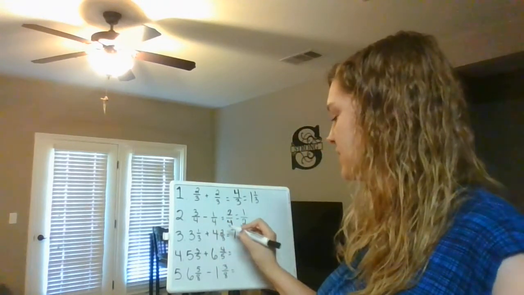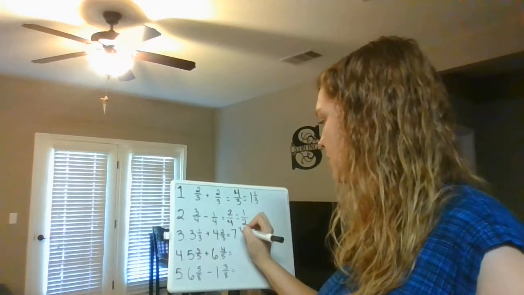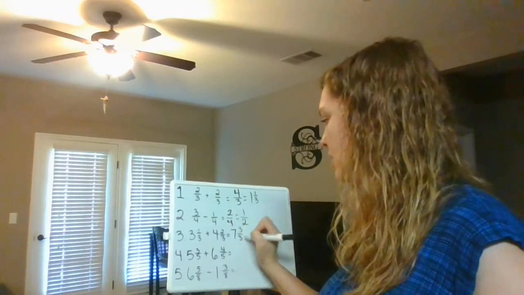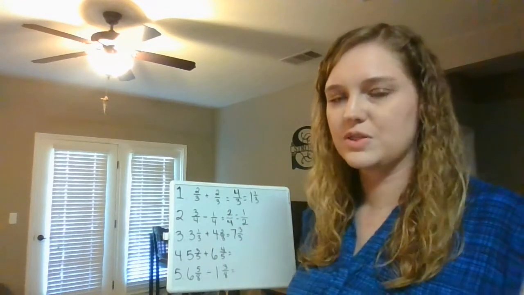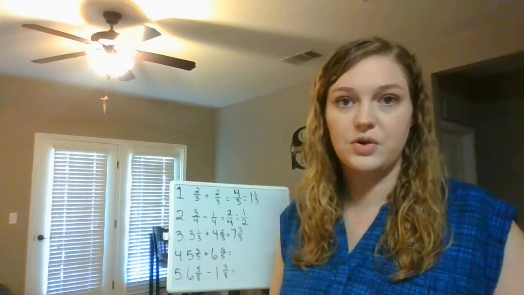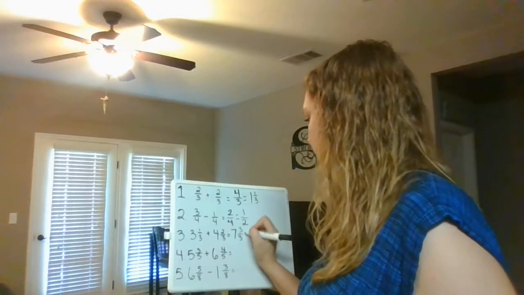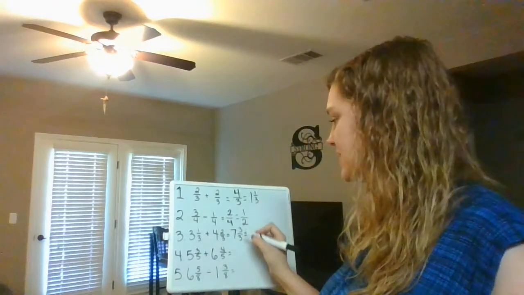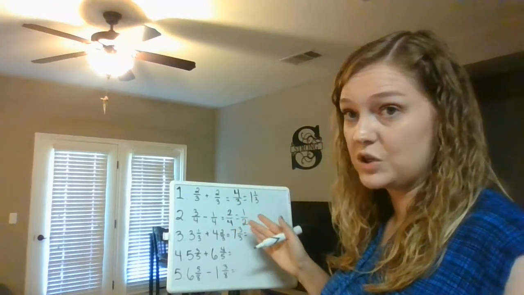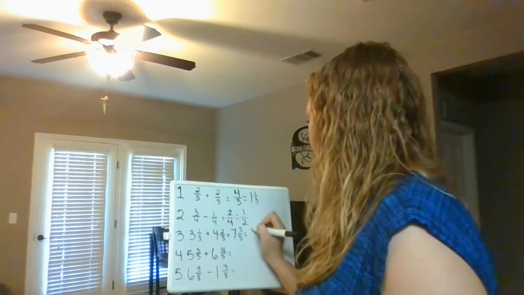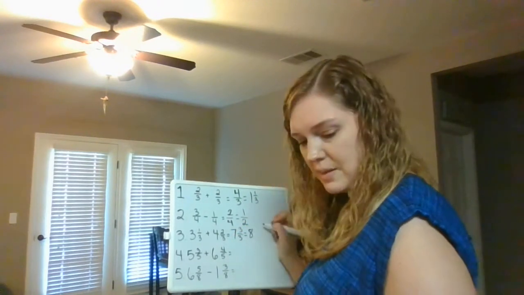And then 1/3 plus 2/3 is 3/3. Well, we wouldn't say he walks 7 3/3 miles because we know that 3/3 is equal to a whole. So instead of 7 3/3, we have 7 and 1, which is 8. So he walks 8 miles.